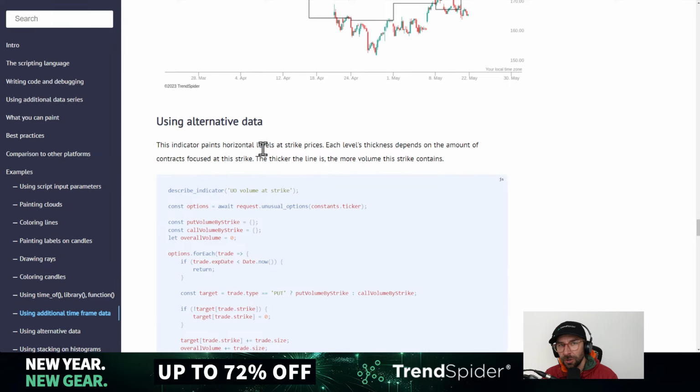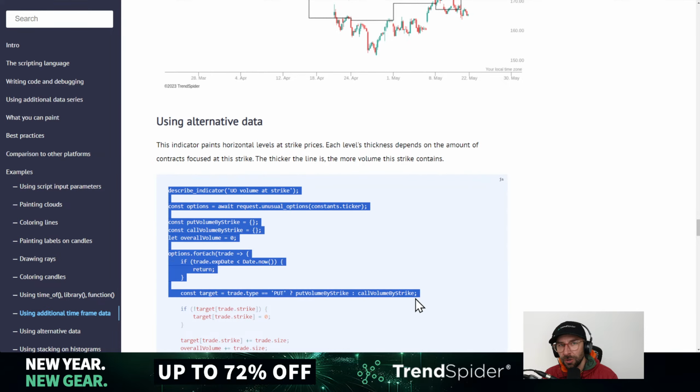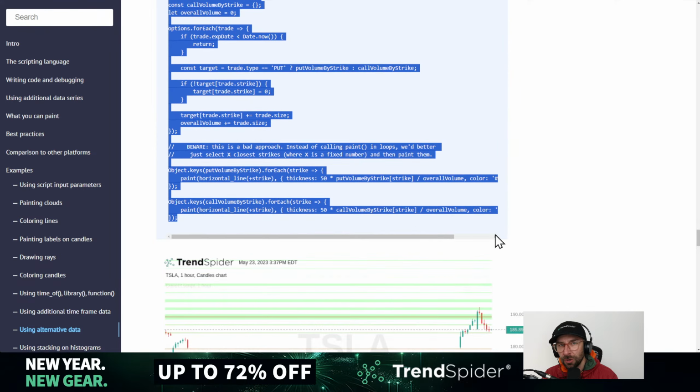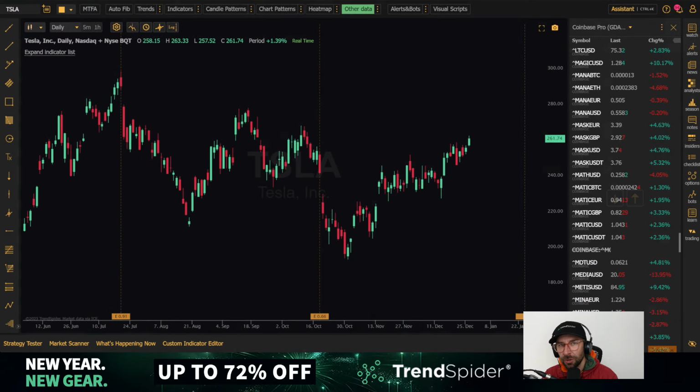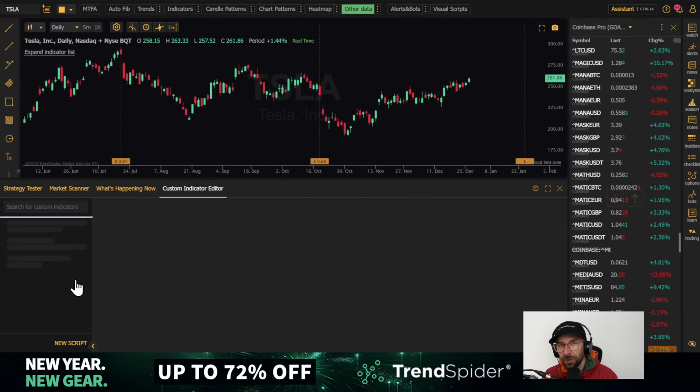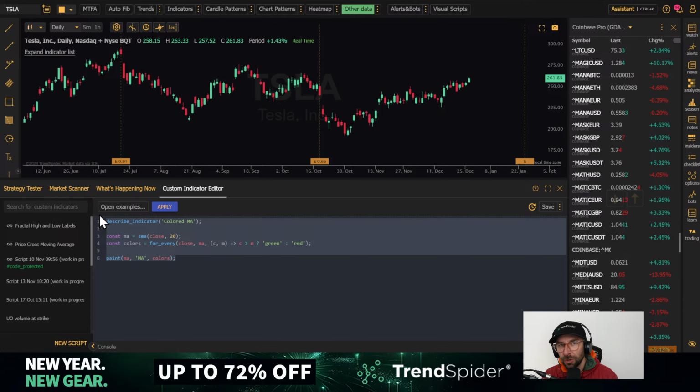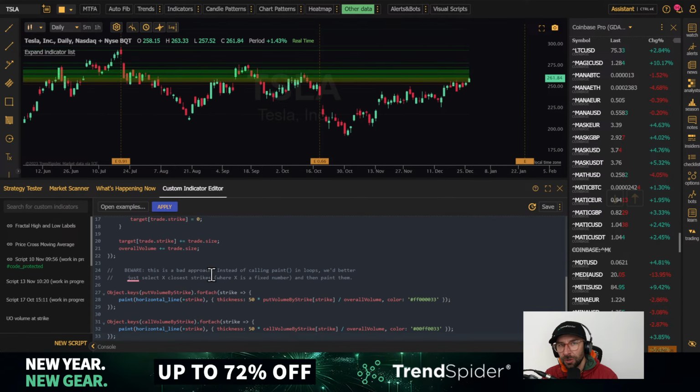So this indicator paints horizontal levels at strike prices. You can copy this code and go over to your custom indicator, paste it in there, say apply. Check this out. Have any of you guys seen this?